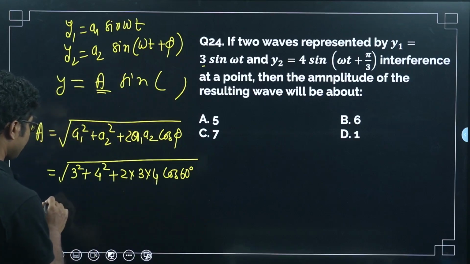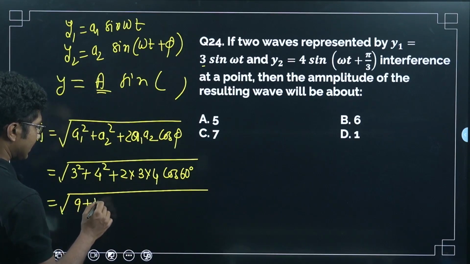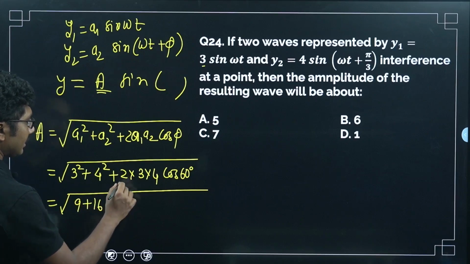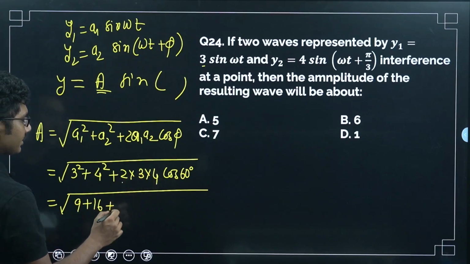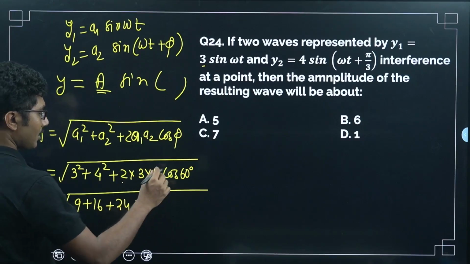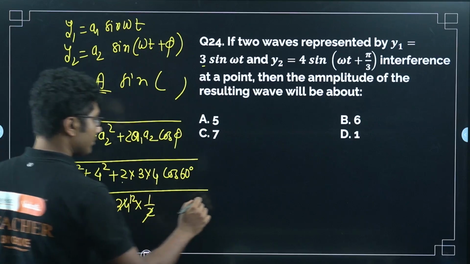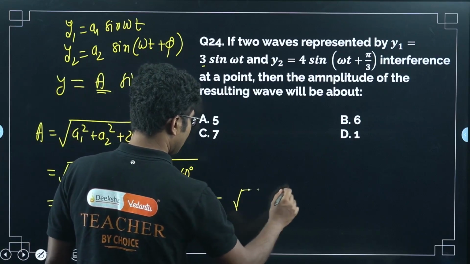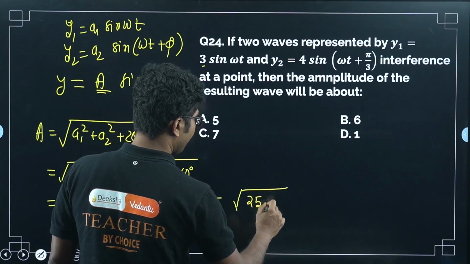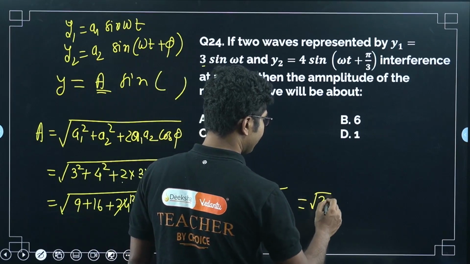Now let us put the values. 9 plus 16 plus 3 2 is 6, 6 4 is 24 times cos 60, which is half, so 12. So we get 25 plus 12, that is square root of 37.